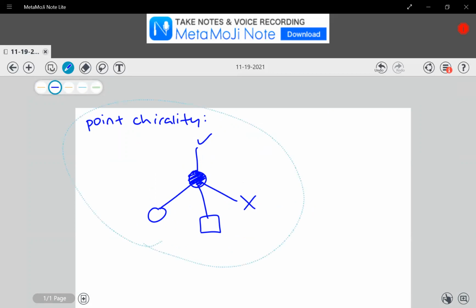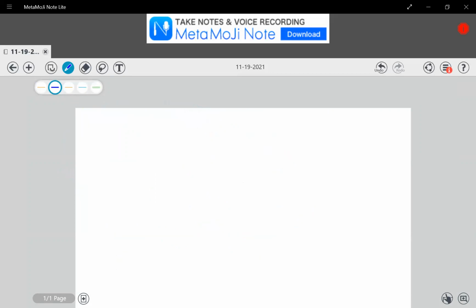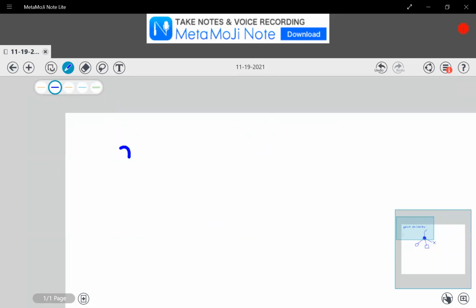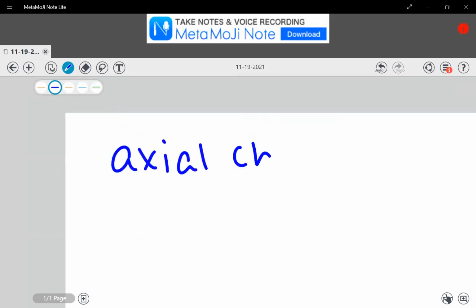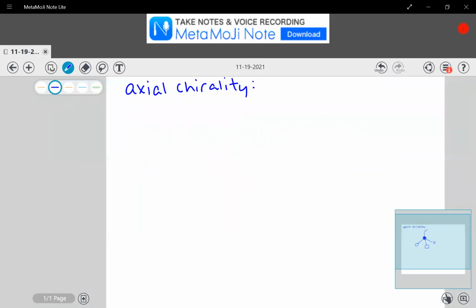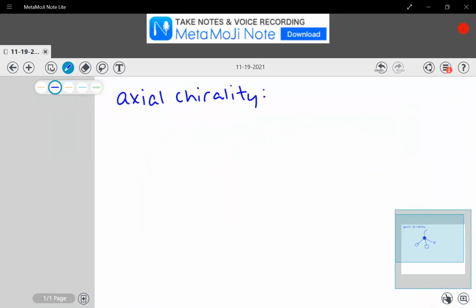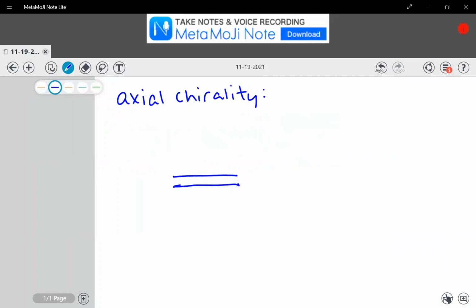Now we've got another type, which is axial. Basically, we've got an axis. And this axis is actually a bond. It connects 2 atoms. And each of these atoms are connected to 2 other things.